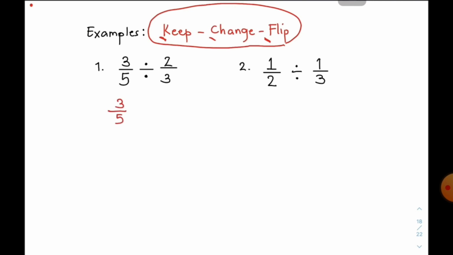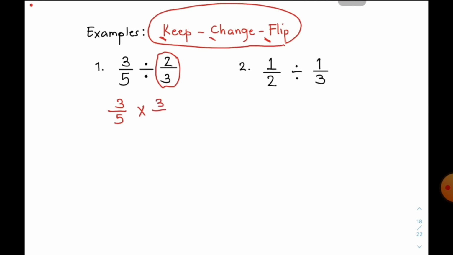Number 1. So first keep the fraction, first fraction 3/5. Then change the operation from division to multiplication. So magiging multiplication yung operation. Then you flip the second fraction. So from 2/3, when you flip this or we get the reciprocal.